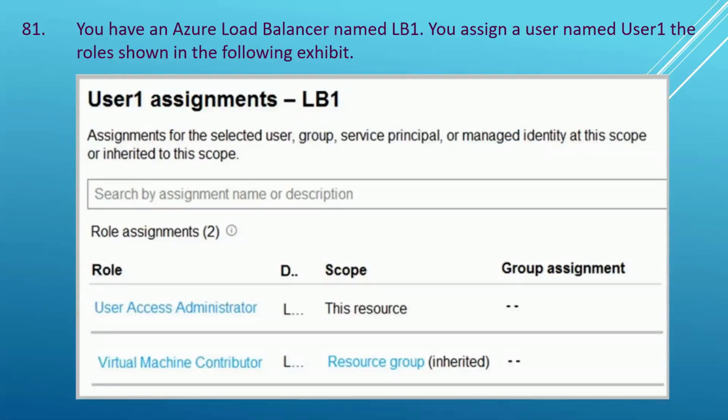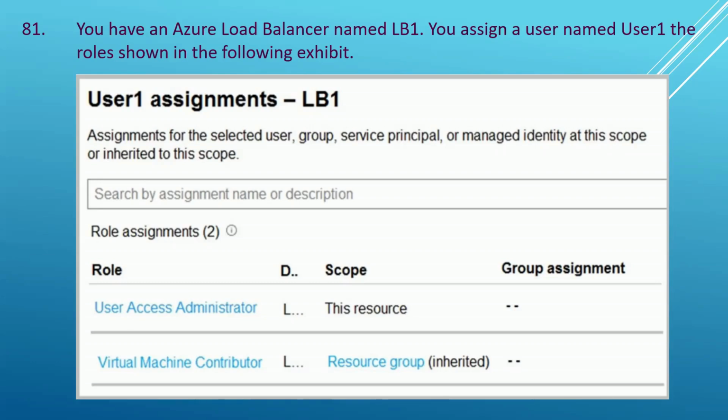Let's now get back to the next question of the series. You have an Azure load balancer named LB1. You assign a user named user1 the roles shown in the following exhibit. Now there is an exhibit screenshot on your screen where you can see the roles that are assigned.